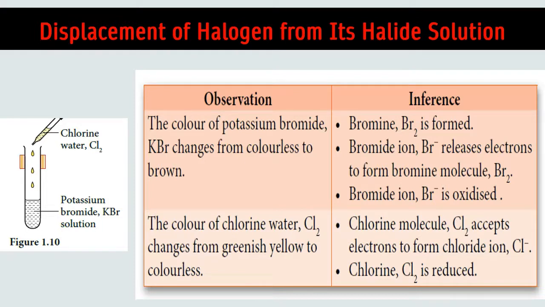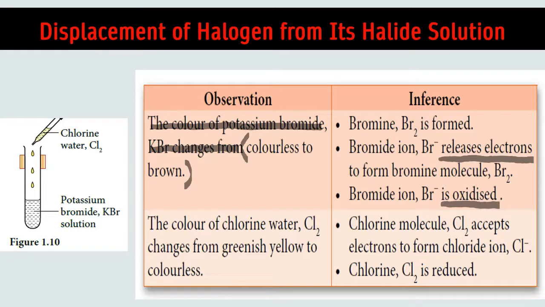So we just mention the colorless solution turns to brown. Okay, why does this observation occur? Because bromine is formed, or bromide ions release electrons to form bromine molecules, or bromide ion is oxidized.